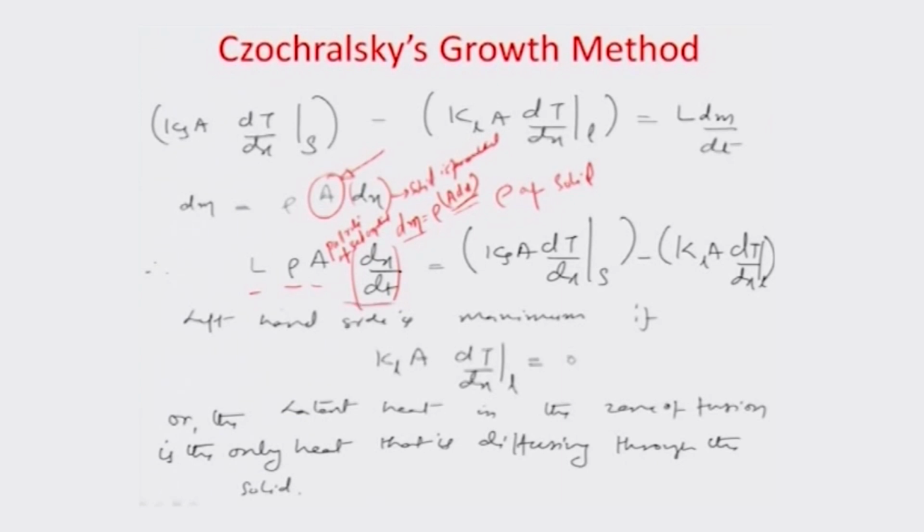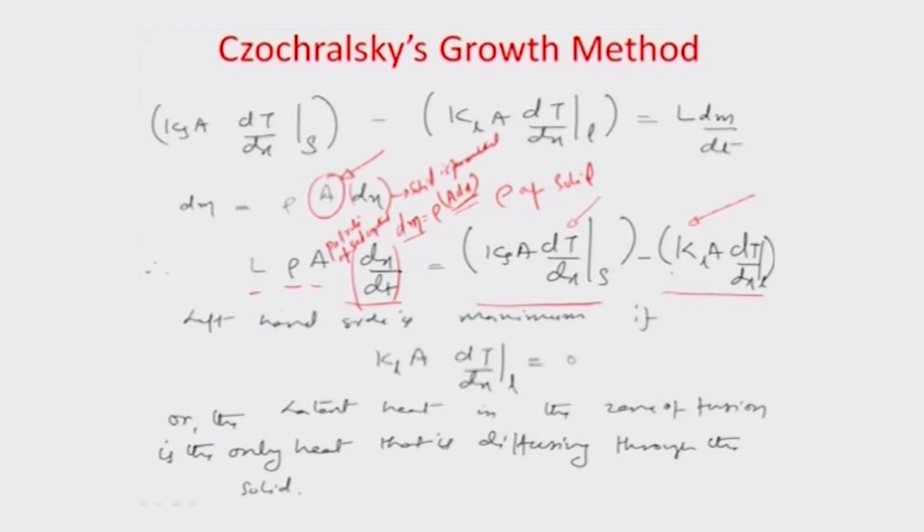So, this is the pull rate. So, L times rho times A times the pull rate is nothing but this heat transfer equation, which is K_S A dT/dx solid minus K_L A dT/dx liquid. We have just taken the negative of negative, and therefore the equation has changed sign.